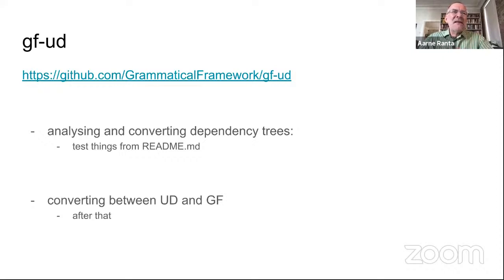It started as a way of converting between UD and GF, but then it turned out that there were a lot of interesting things we could do in terms of analyzing and converting dependency trees. I will show a demo a bit later of how this works and what the different functionalities are. They are also documented in the README and some other documents under the GFUD.